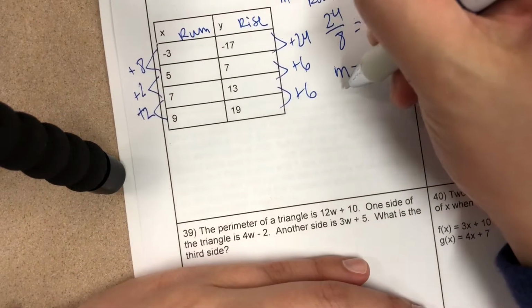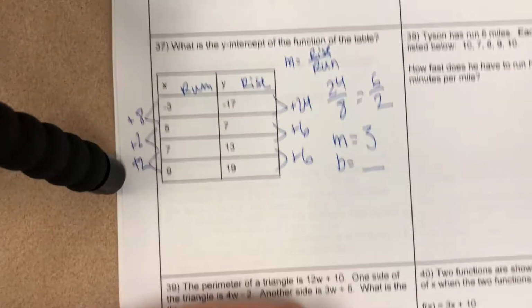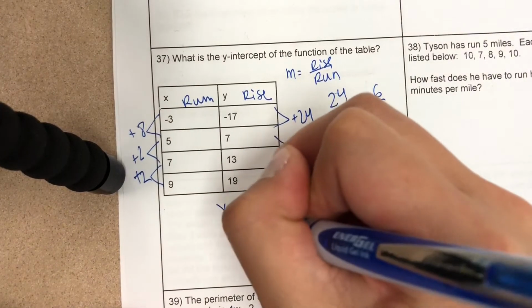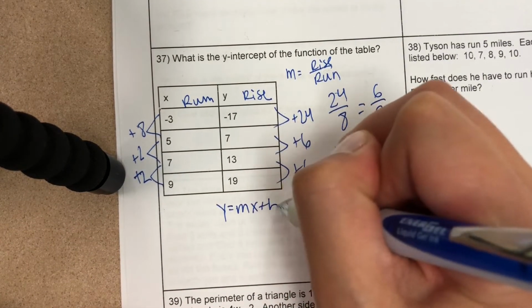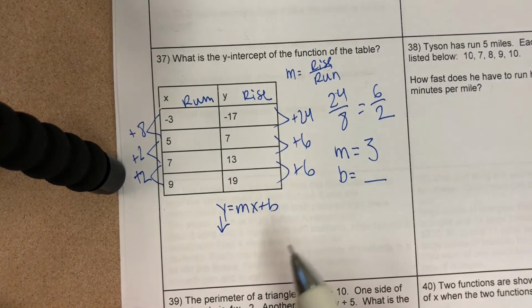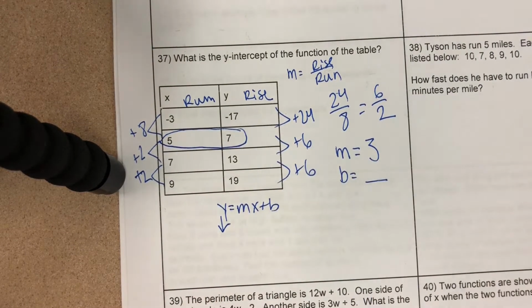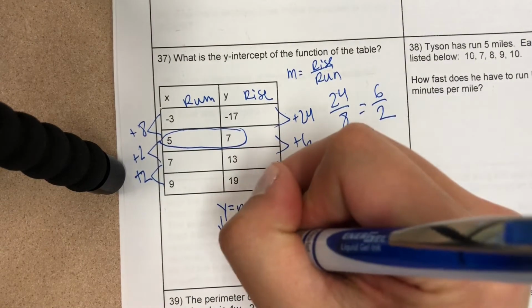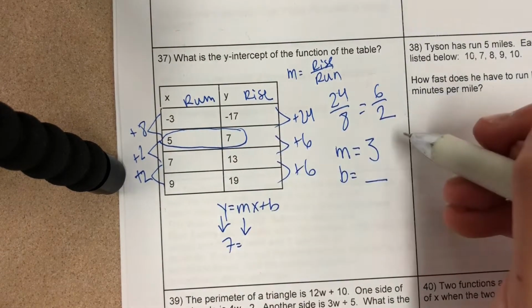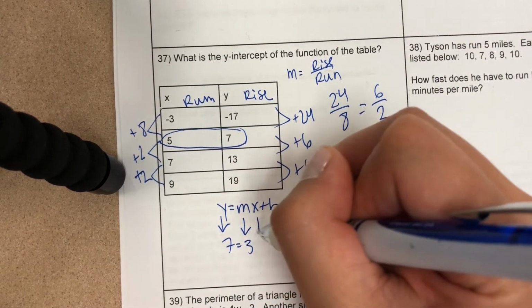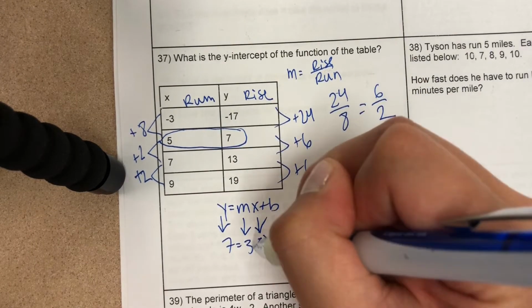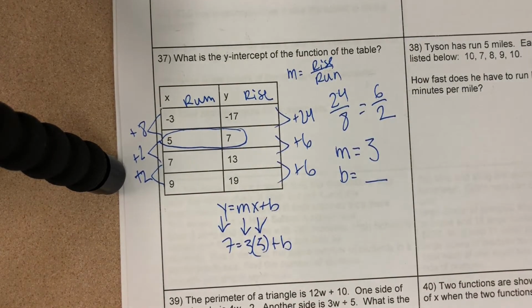So to find my missing value here, I know I still need b. I can write my equation y equals mx plus b, but instead of y, I can choose one of these. I think this one would be the easiest ordered pair to deal with. My y value here is 7. For my m value, I knew it was 3. My x value here is 5, and I'm solving for b.